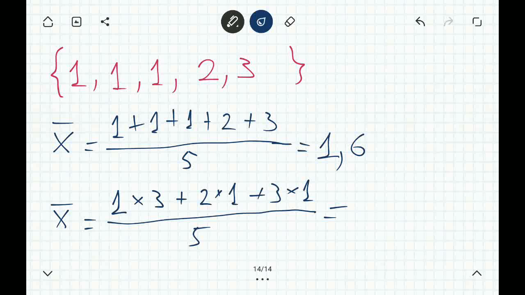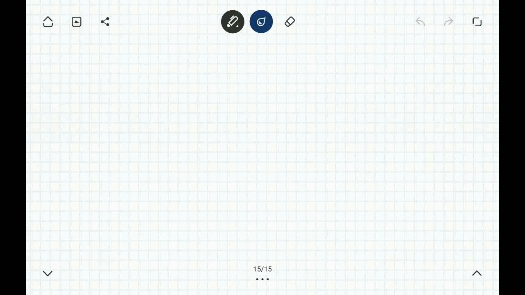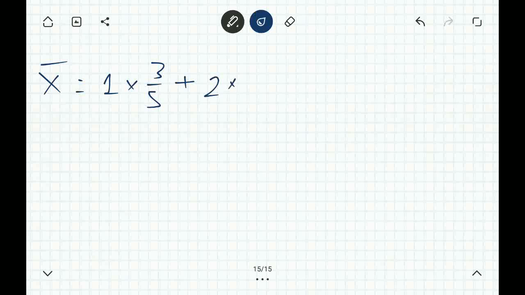We can write it as a sum of this thing plus this thing and plus this thing. So let's do that. So our x mean is now equal to 1 times 3 over 5 plus 2 times 1 over 5 and plus 3 times 1 over 5.